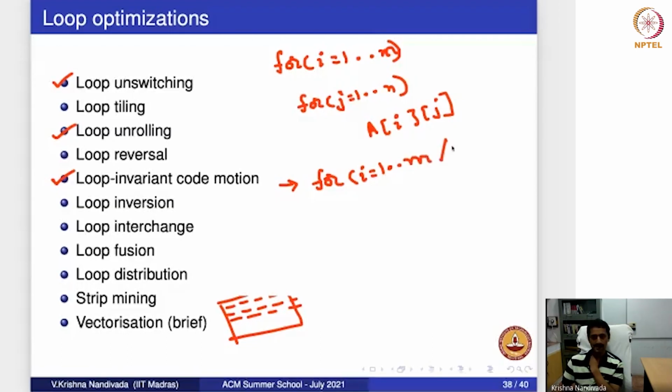I goes from 1 to M with increments of D, and similarly J goes from 1 up to N with increments of D. I'll make this outer one II and this one JJ.